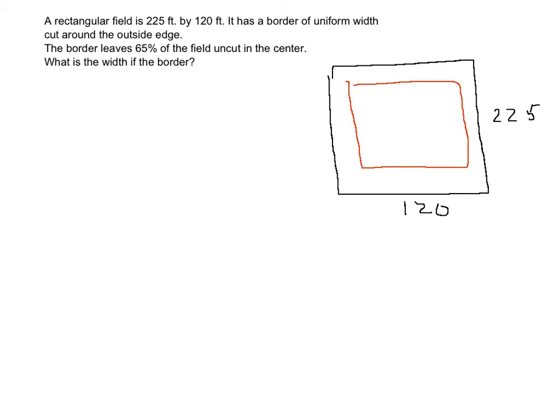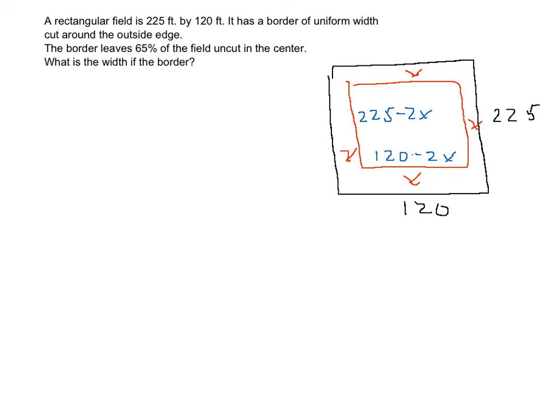It certainly doesn't look uniform, but let's assume that it is. And so if we assume that each of these little dimensions is x, then what we get is that this length is 120 minus 2x, and this length is 225 minus 2x.